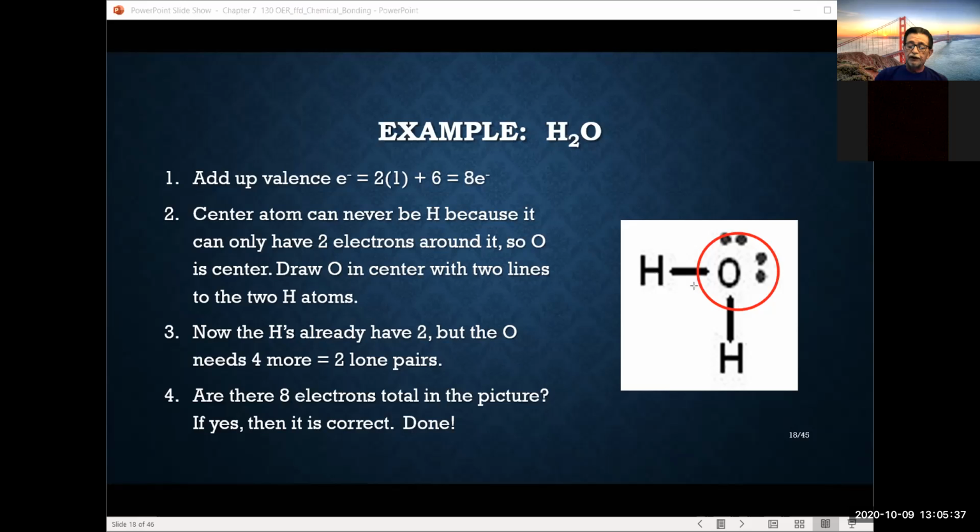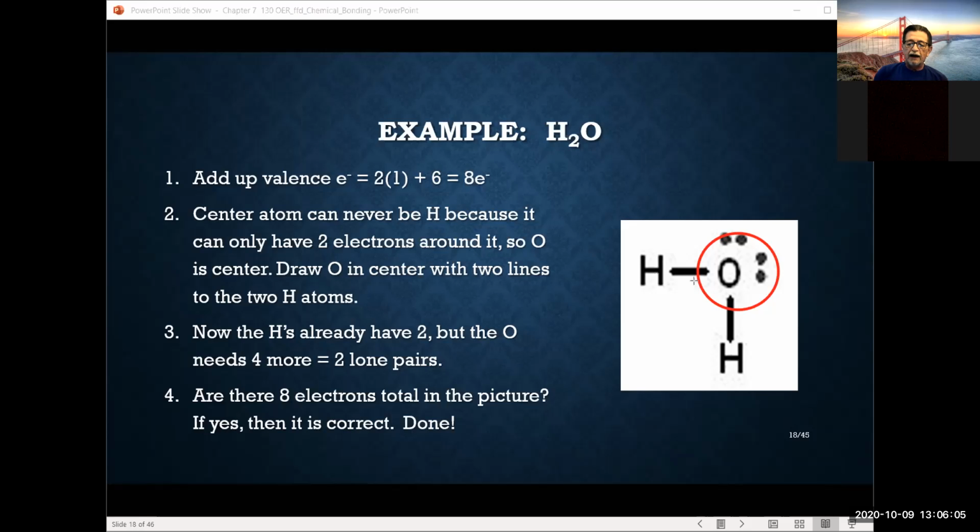Those 4 that are shared are counted toward the hydrogen and the oxygen. And so we got a total of 8 valence electrons around oxygen, which fulfills the octet. We still have a total of 8 valence electrons, and that's what we calculated. So we can't add or subtract any. We got to work with what we have. And so this structure is what we come up with.